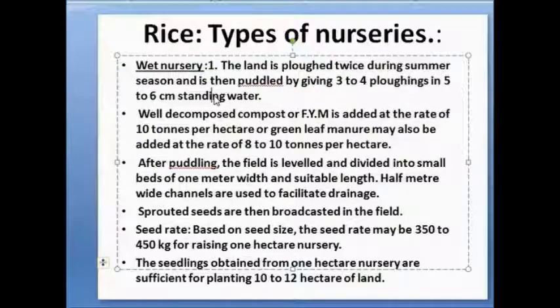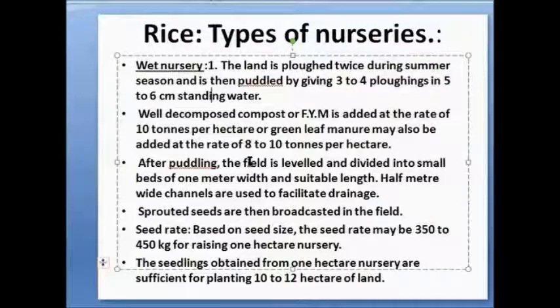So in this wet nursery, land is plowed during summer, then standing water is given for 5 to 6 centimeter depth, and then 3 to 4 plowings are to be given. That will make the puddled condition, and in this puddled, muddy condition, we have to sow the seeds.